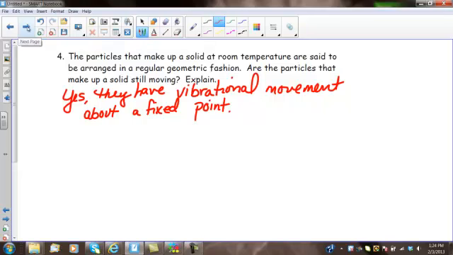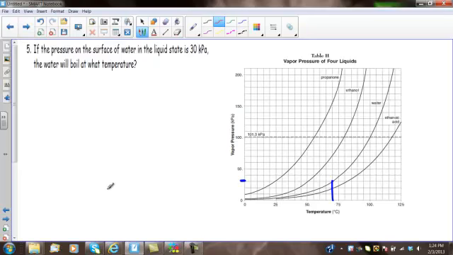Question 5. If the pressure on the surface of a liquid in the liquid state is 30 kPa, the water will boil at one temperature. So this is table H. This is found in your reference table. This has to do with vapor pressure. So if I go down here to the pressure axis, the y-axis, this is scaled in increments of 10.